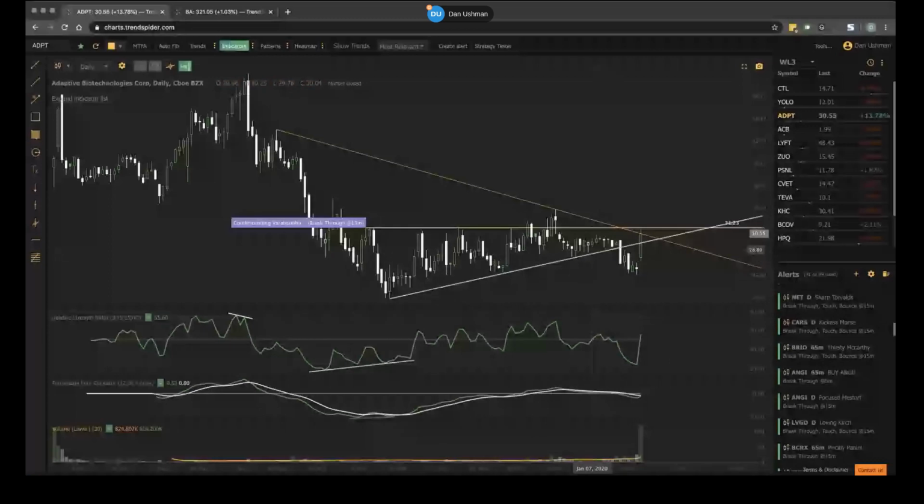And what I decided to do instead was to wait to see if it can confirm higher highs, right? So all I did was I created an alert on this trend line I had up here, right? This horizontal level at 31.23, right? I want to see if it can get above this level and if it can close above it, right? Now, I may be leaving money on the table, right? Like I could have jumped in on this when I saw it break back above this line, right?